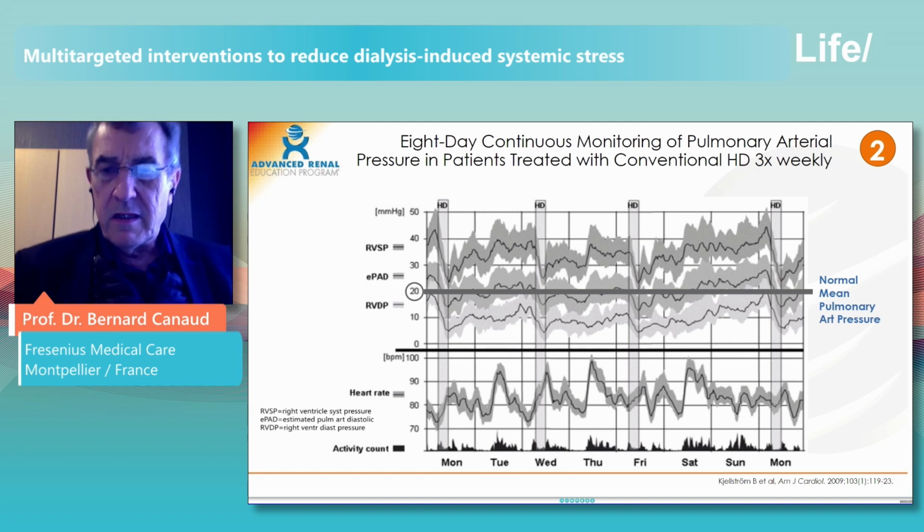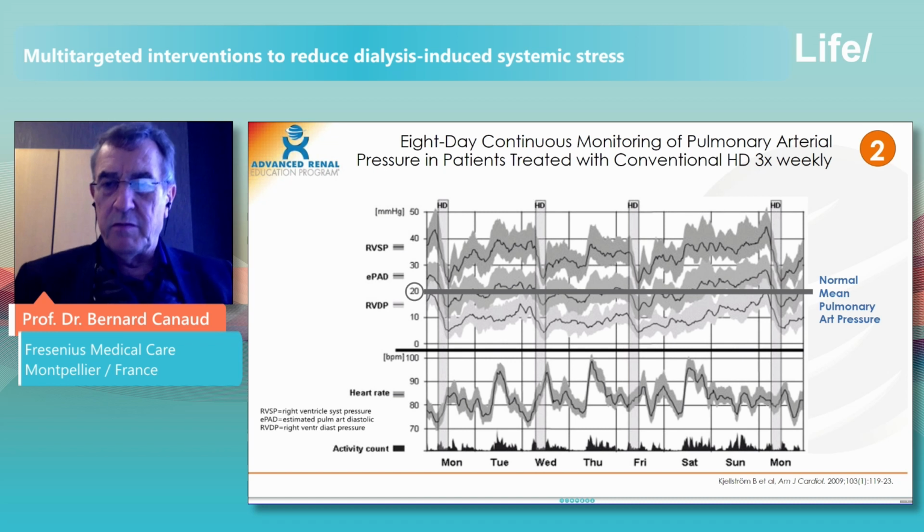This study was performed almost 15 years ago, a very impressive study. In that case, they implanted a sensor device in the pulmonary artery of the dialysis patient, and the patients were monitored for 1 week. Just to give you an idea, the mean arterial pulmonary pressure is normally 20 millimeters of mercury.